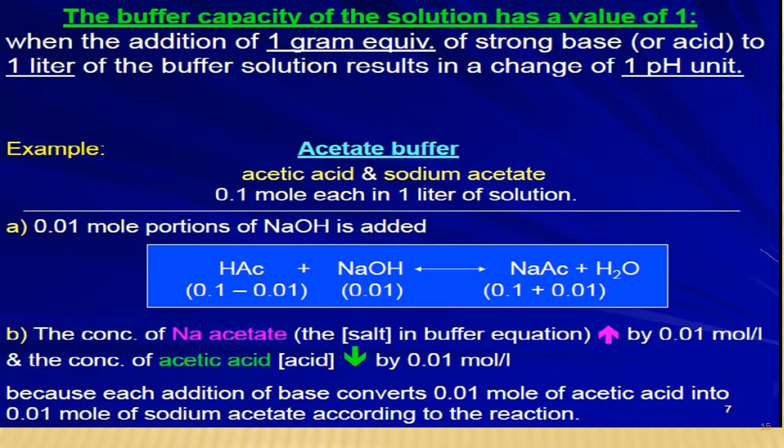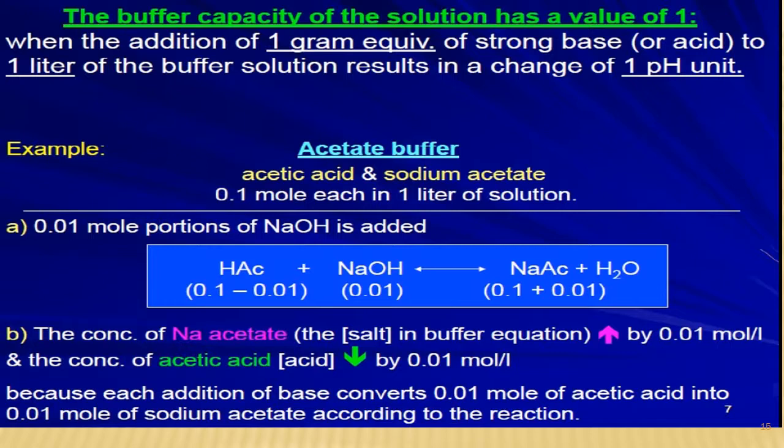If we say it in another way, when the acetic acid dissociates, the sodium will take more acetate from the solution to combine with it and form NaAc, sodium acetate.